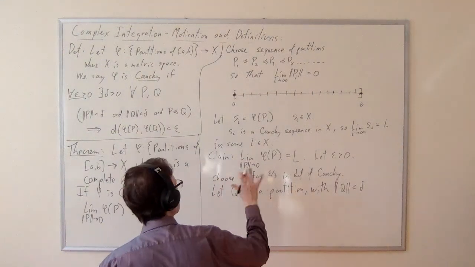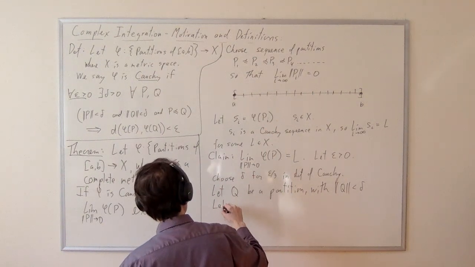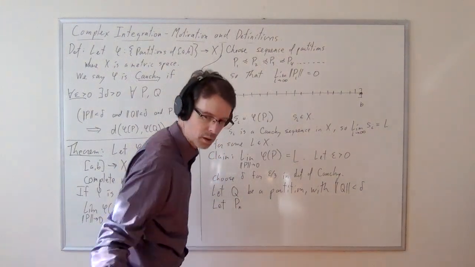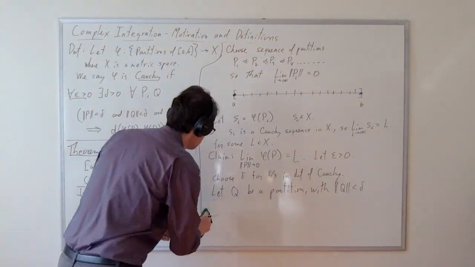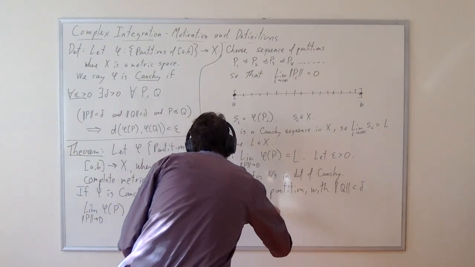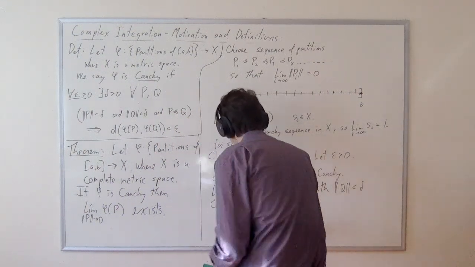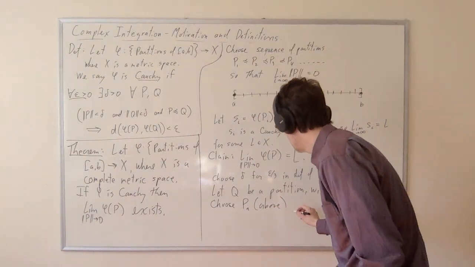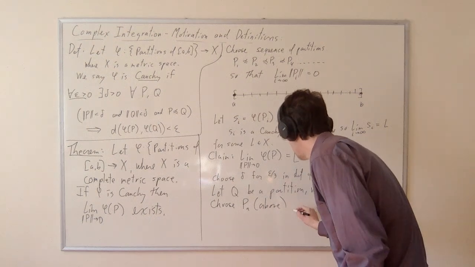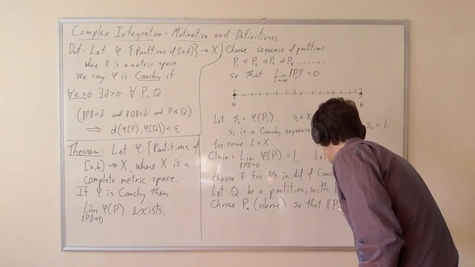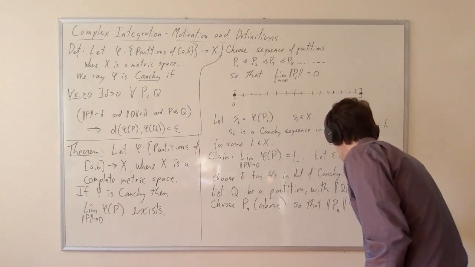It doesn't matter which one. So let's choose P_n. Above, we're going to choose a very large number n, so that P_n will be nice. We're going to choose P_n above so that its norm is also less than delta.